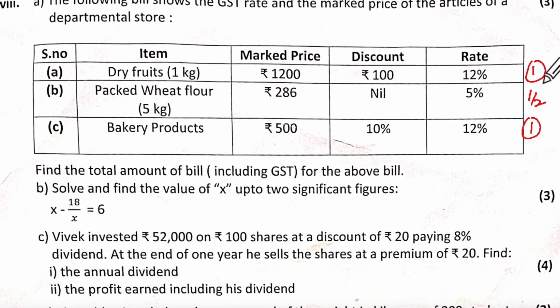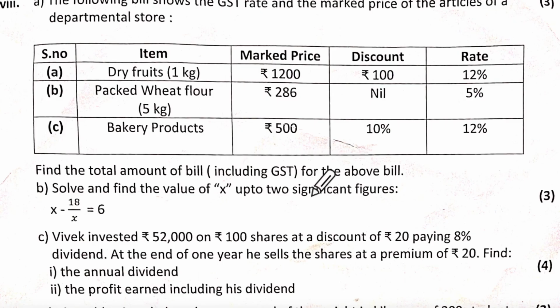So 1.5 mark, and then the remaining, adding the total and getting the answer. No, only half mark is remaining. Sorry. So half, that is 1.5, and then adding them all up here with the discounted price.